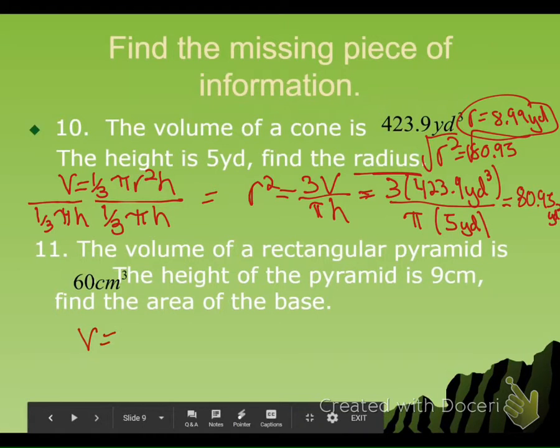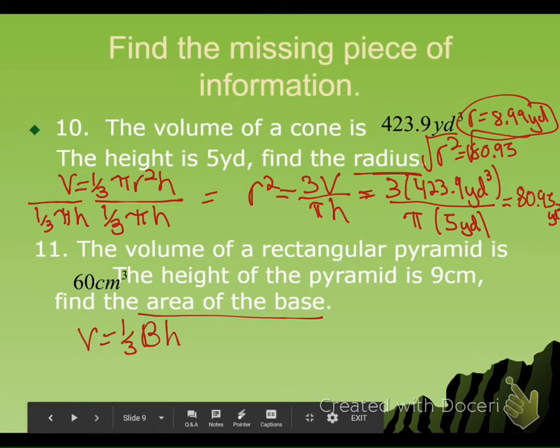Volume of a rectangular pyramid equals, this is our first formula. This is a pyramid, so it's 1/3 base times height. Here we are looking for the area of the base.